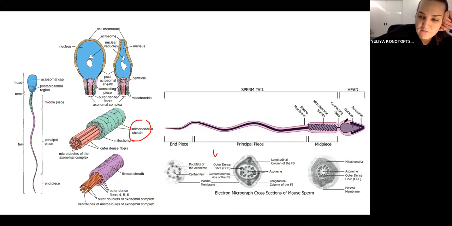But fun fact, there are some Scandinavian families in Sweden, Norway, and Finland where males have mitochondria in the head of spermatozoa. So which kind of mitochondrial DNA do the children in those families have?